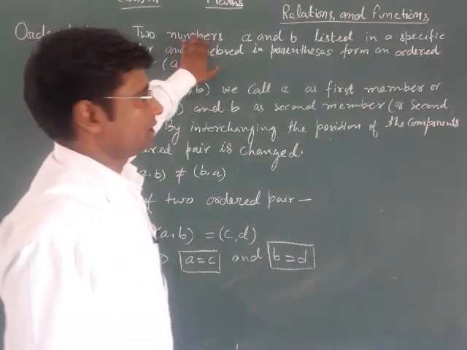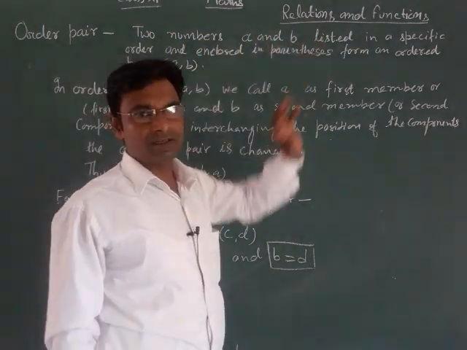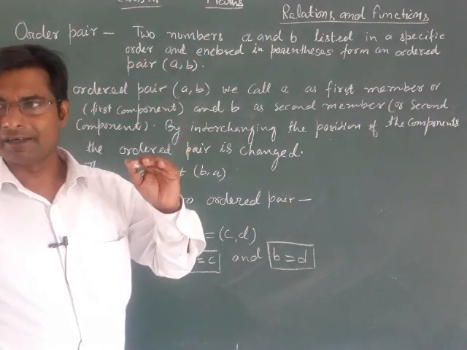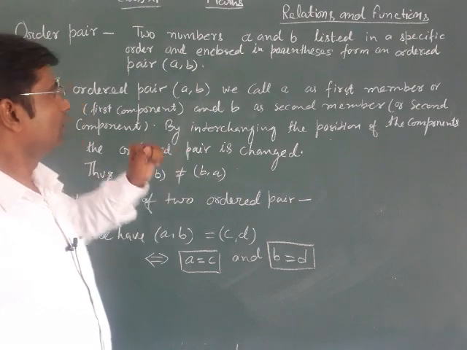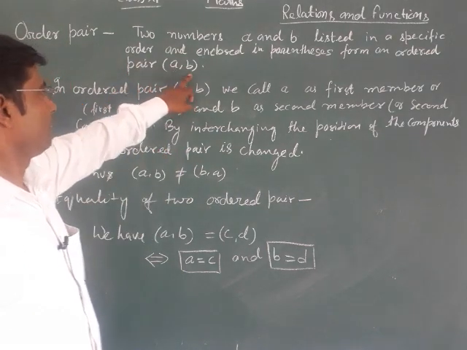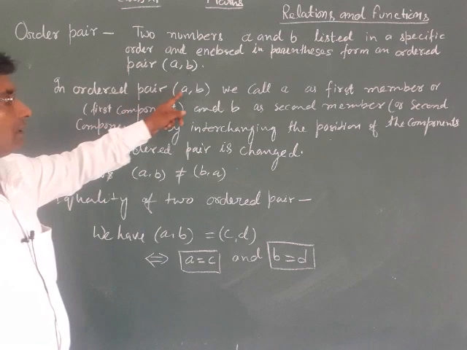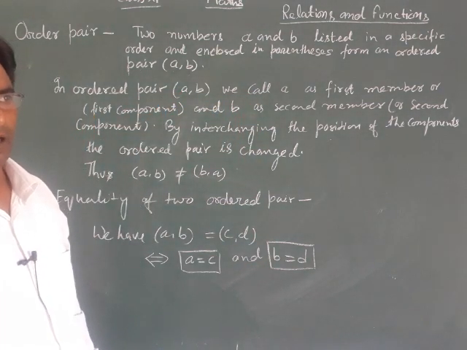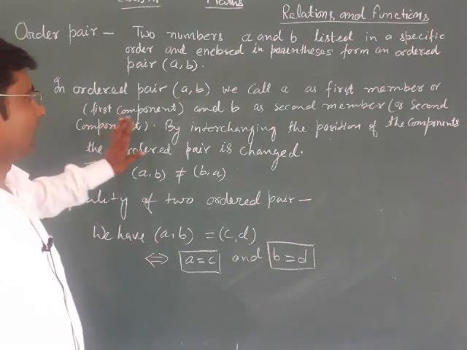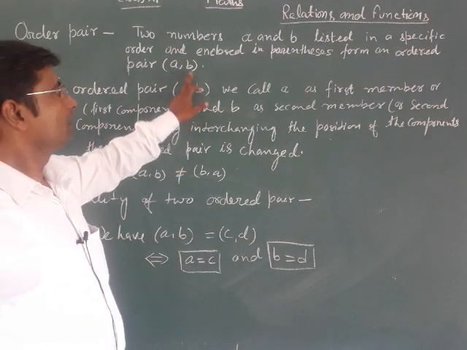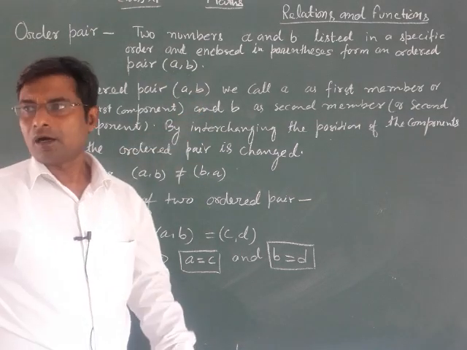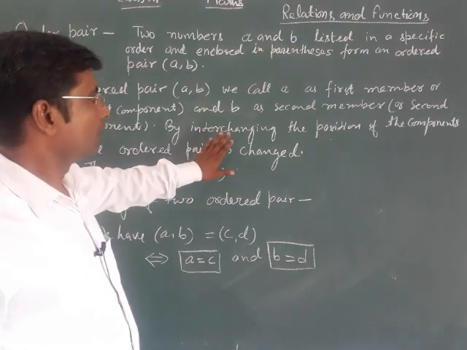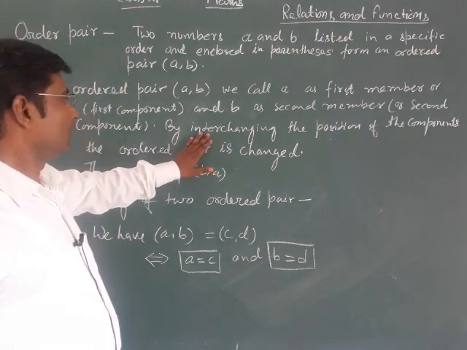Two numbers A and B listed in a specific order and enclosed in parentheses form an ordered pair (A, B). In the ordered pair (A, B), we call A the first member or first component and B the second member or second component of the ordered pair.